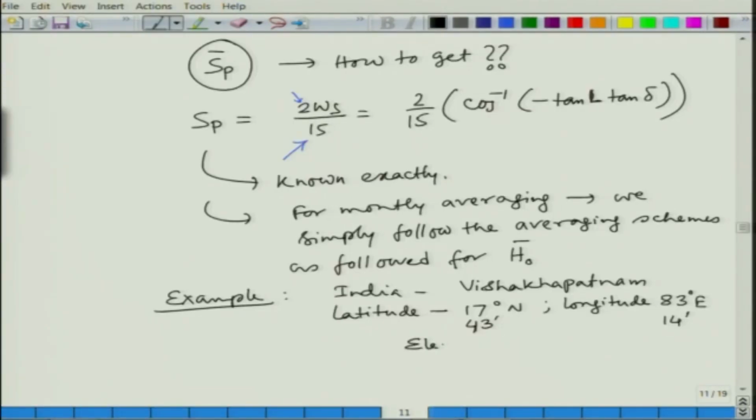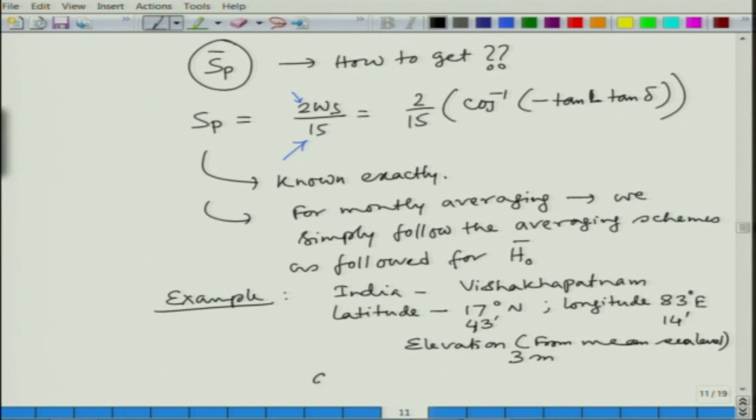The elevation is also, of course, the average elevation from the mean sea level, and that elevation is 3 meter. It is close to the coast, so the average elevation is low.